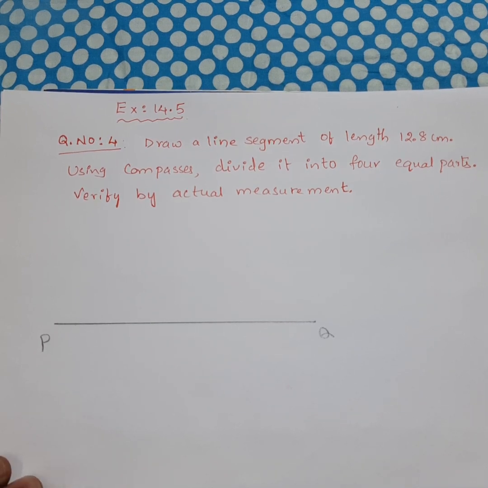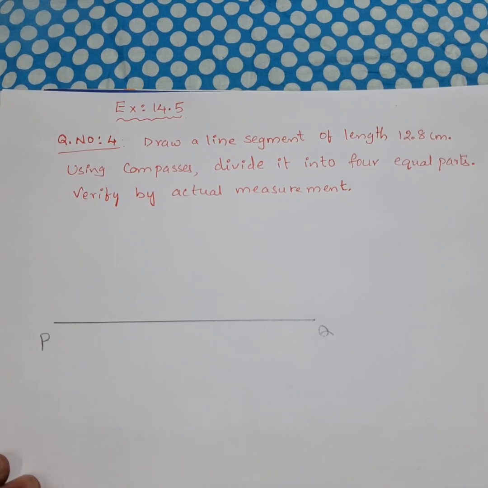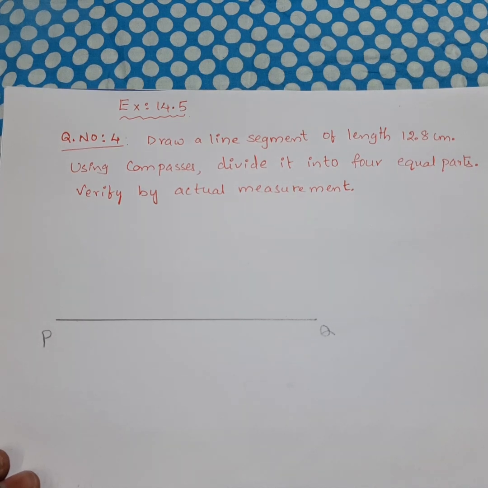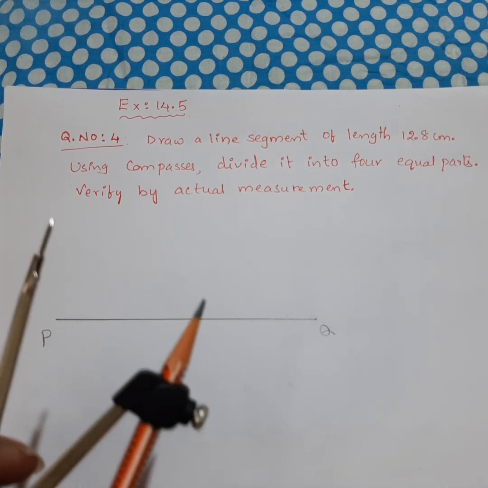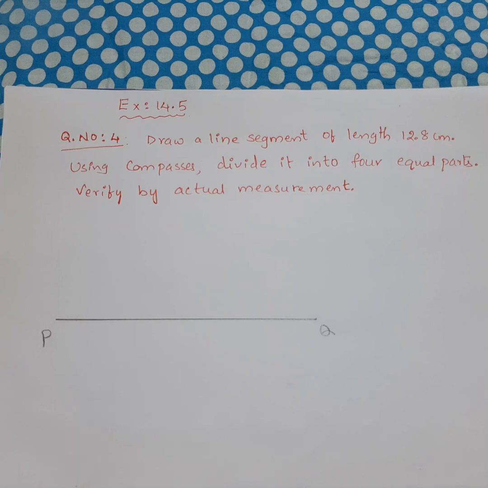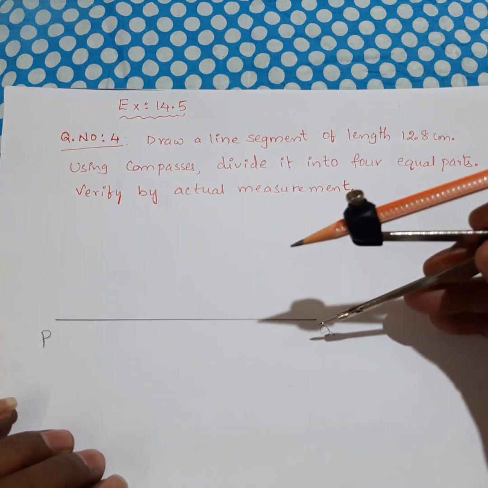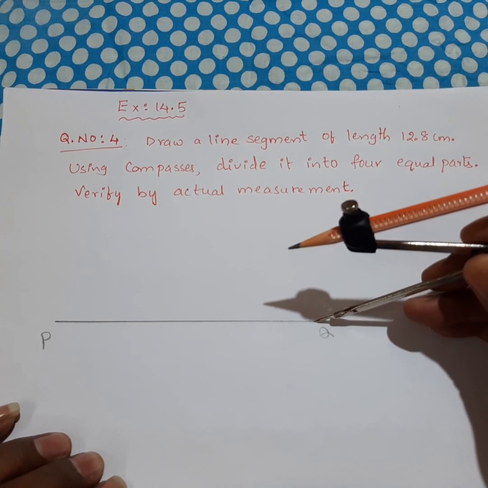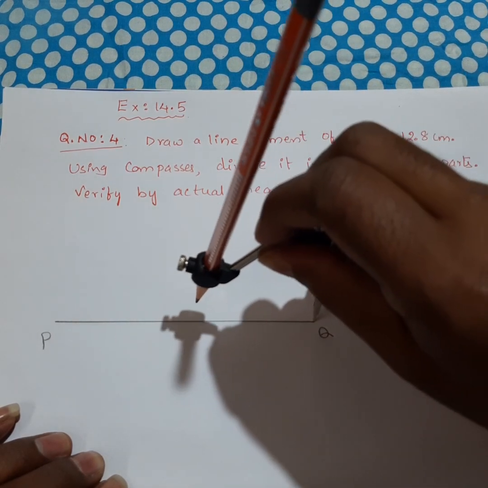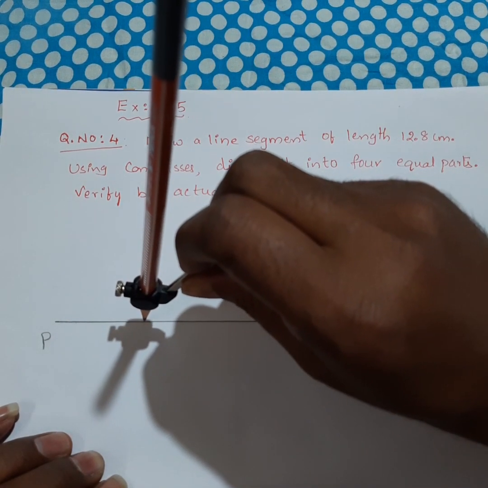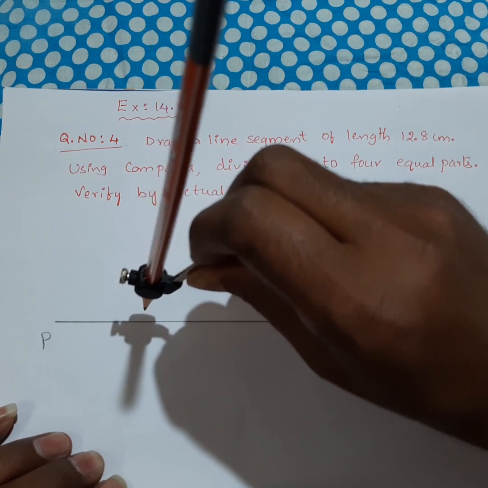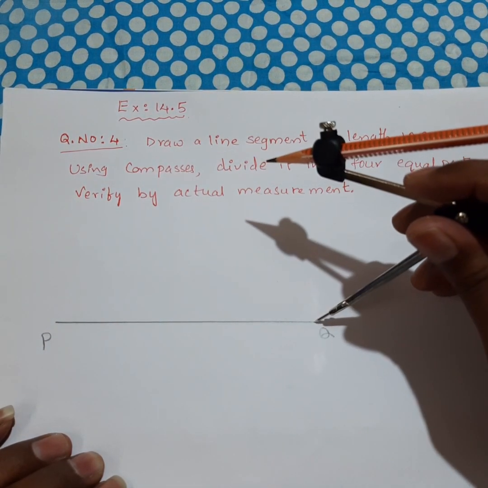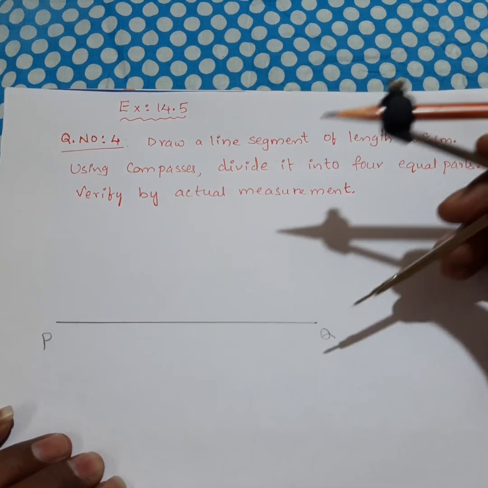First of all, we need to draw the perpendicular bisector of PQ. How to draw the bisector of PQ? Take more than half of the length of PQ with the compass. Now from Q, I am going to take more than half of the length. Half of 12.8 is 6.4.